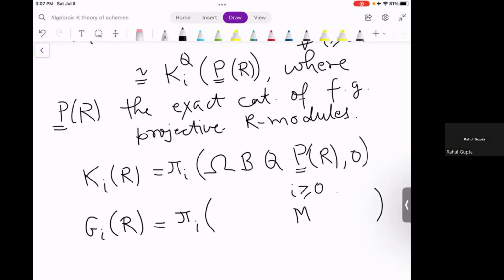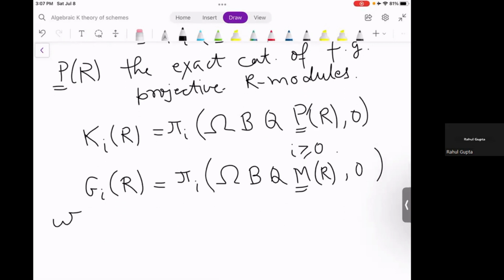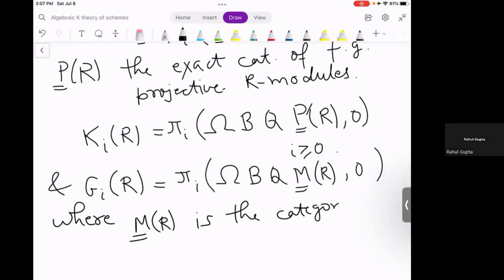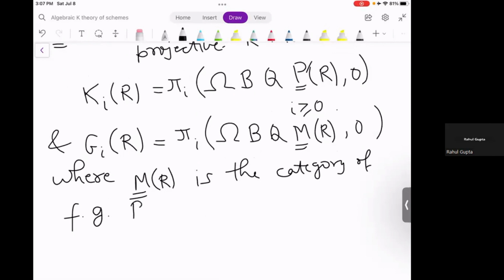Again, you take an abelian category, an exact category, do the Quillen construction, classifying space and loop space, where M of R is the category of finitely generated R-modules. These definitions you have seen, I believe.